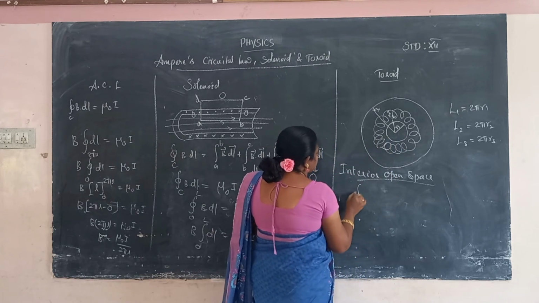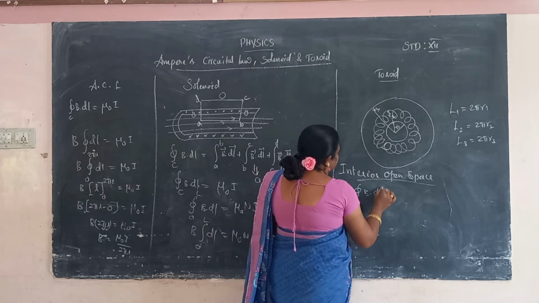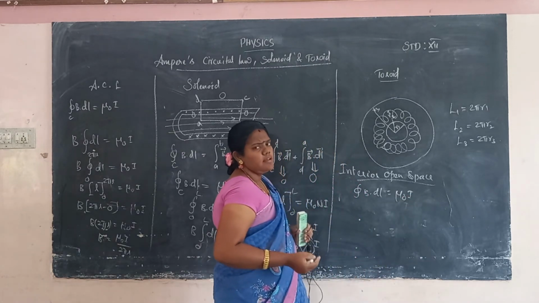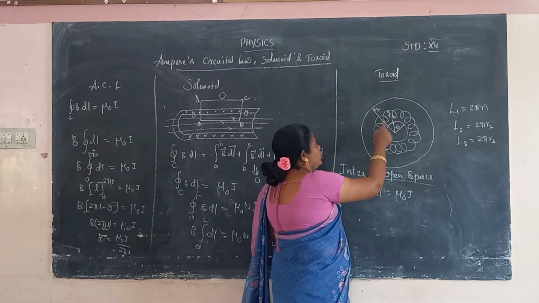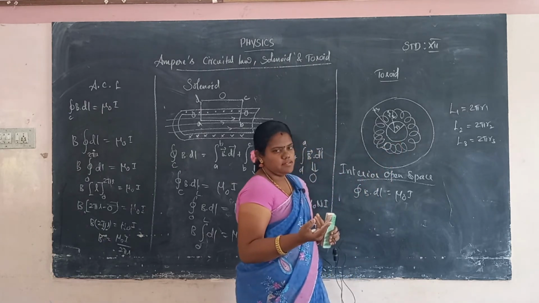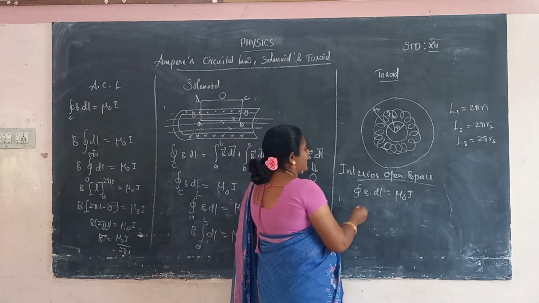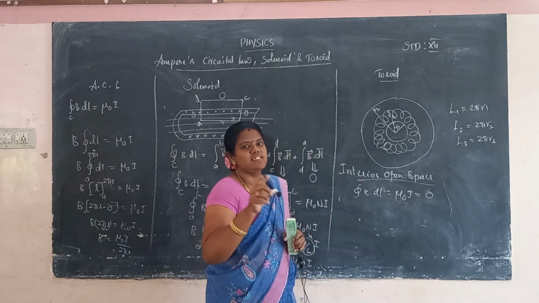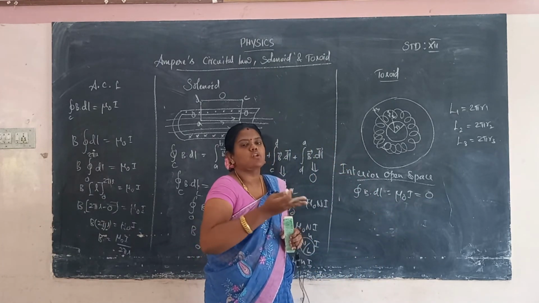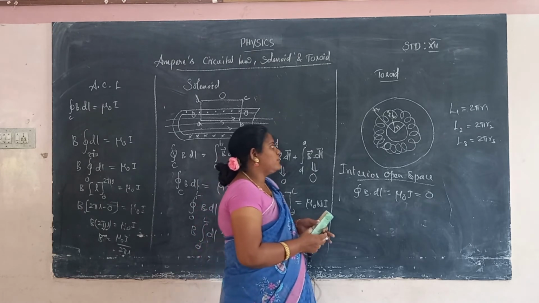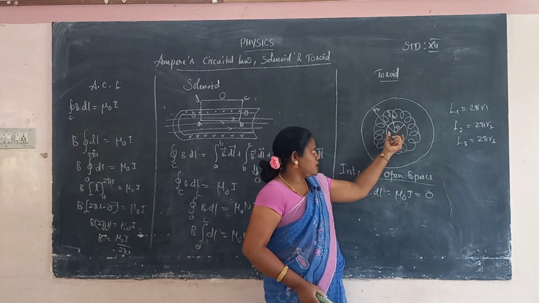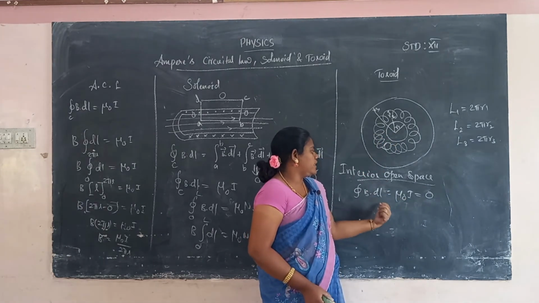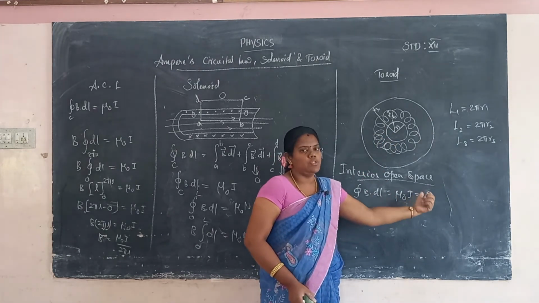Normally the closed integral of B dot dl is equal to mu naught times I. But the interior open space of the toroid does not have any current, so the value will be 0. So closed integral of B dot dl is equal to mu naught I, which equals 0.